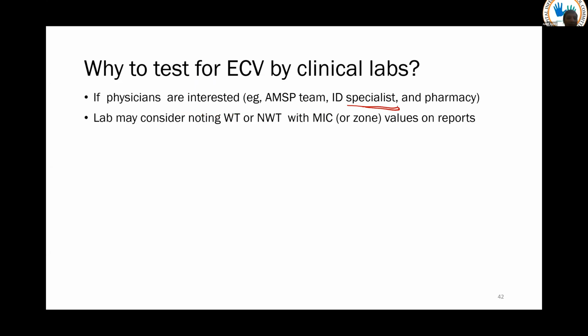So if clinicians are interested, the lab may consider including WT or NWT, that is wild type or non-wild type, in the patient report, with the MIC value that has been obtained. This is a statement from CLSI.